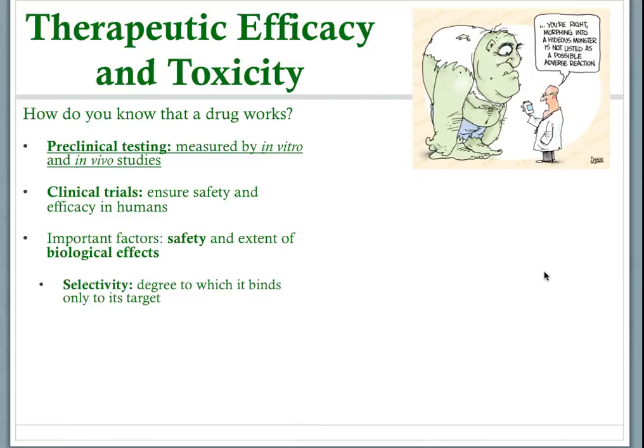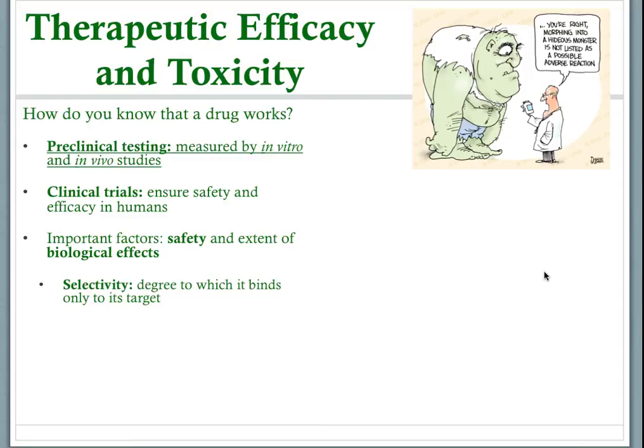Another thing that we really want to hammer home in these early experiments is the selectivity. So selectivity of a drug means how well it is at actually binding only to the target that we're trying to bind to. For example, we talked a little bit about ethanol in class. Ethanol is a good one because it's a small molecule and it binds to lots and lots of different stuff.